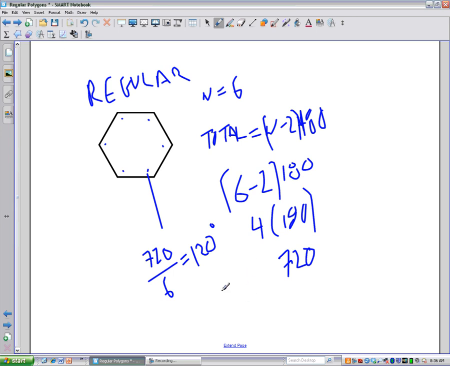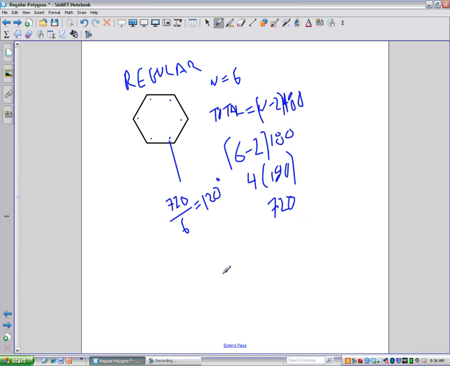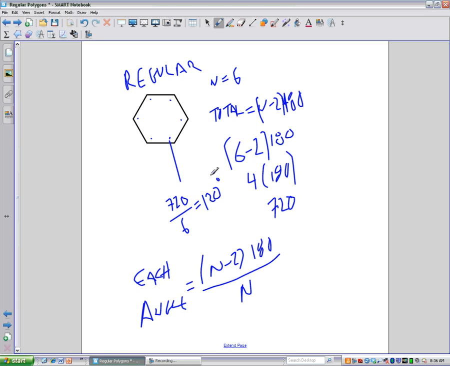Should we write that down? Yeah, let's write it down here. Each angle is n minus 2 times 180, divided by n. I want to know each angle, and this only works for a regular polygon.